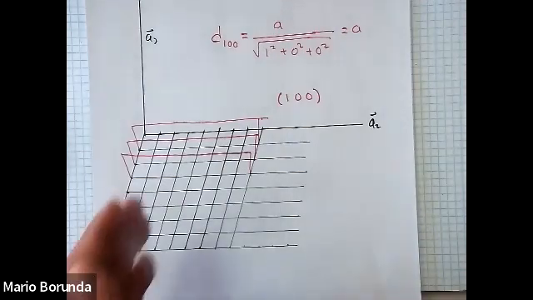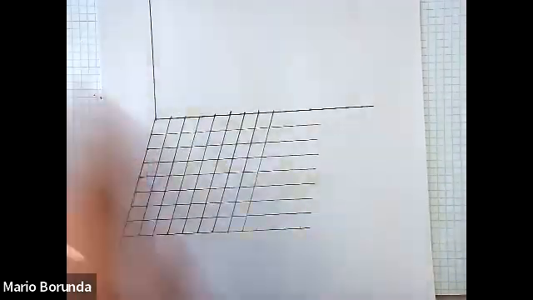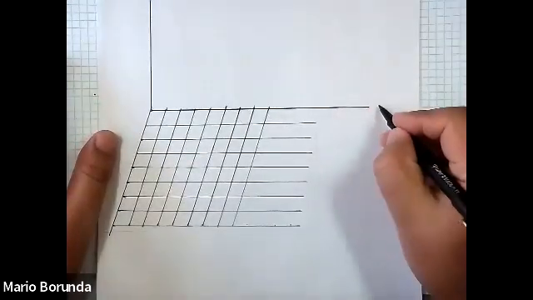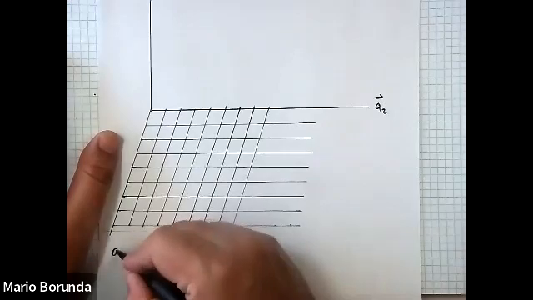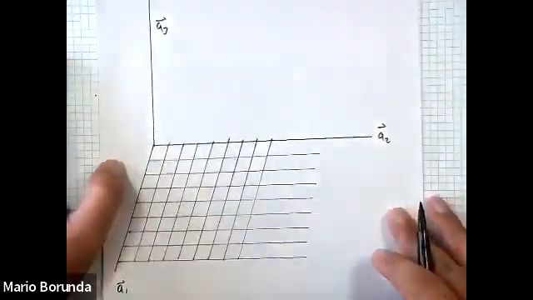All right, let's do another one that is a little bit more complicated, not too much. So now let's say that we had, again, a2, a1, and a3 down there.